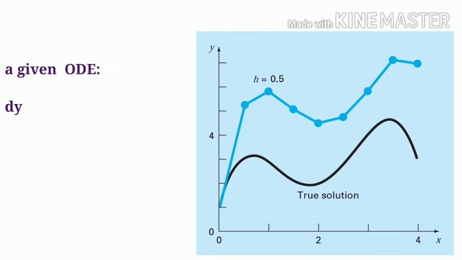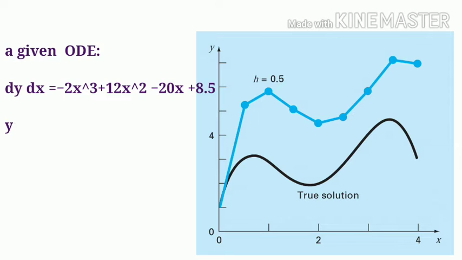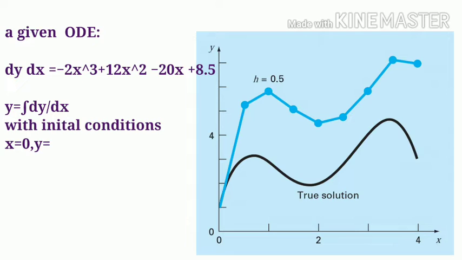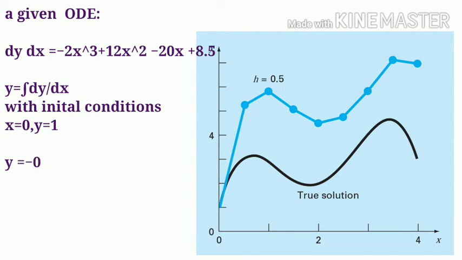If an ordinary differential equation is given, dy by dx is equal to minus 2x cube plus 12x square minus 20x plus 8.5, and we need to find out the variation, that is y, we need to find the actual solution, that is the true solution.